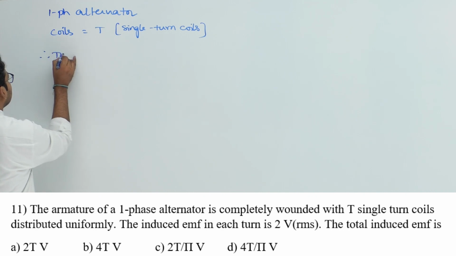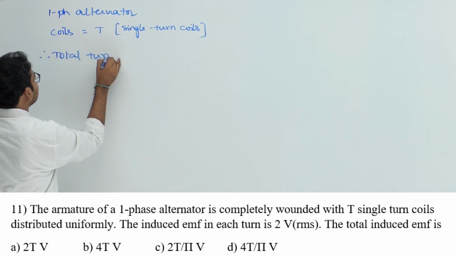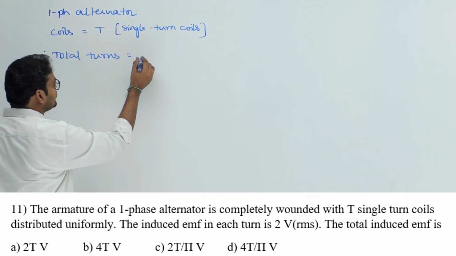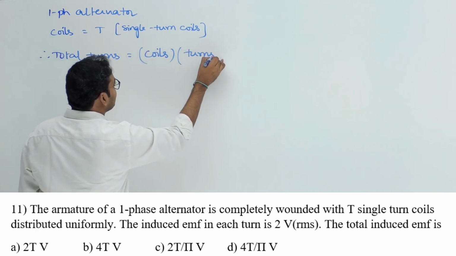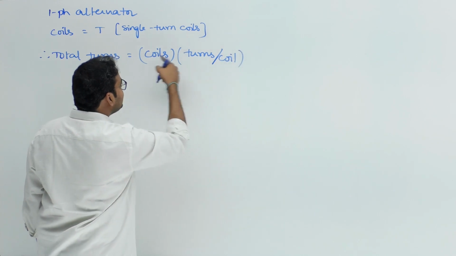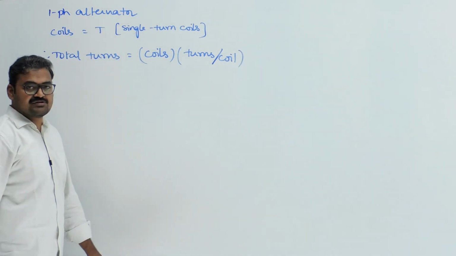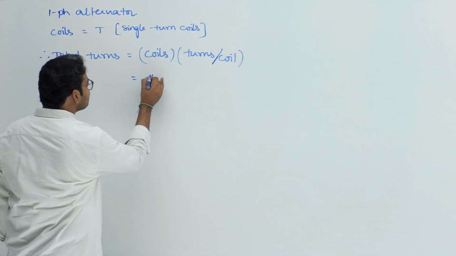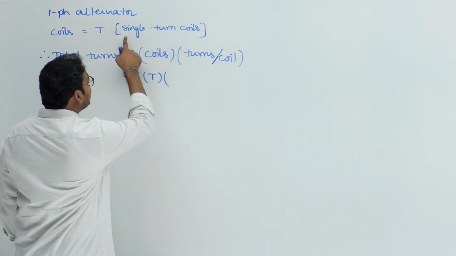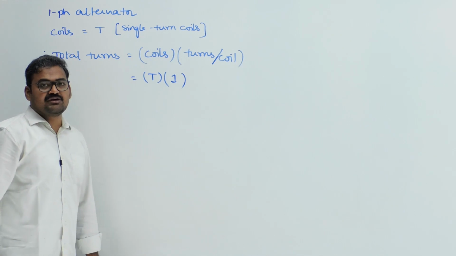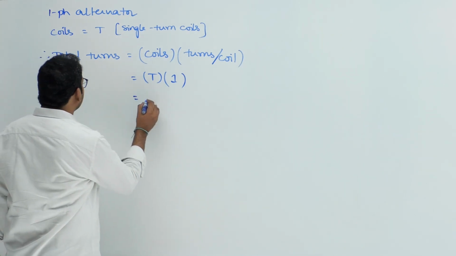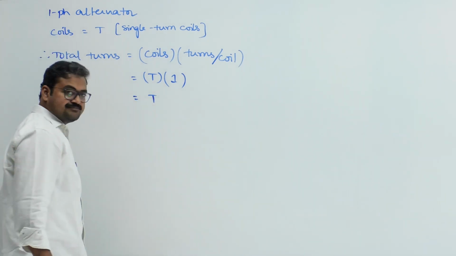Therefore, can you tell me how many turns will be available? Total turns are equal to total coils multiplied by turns per each coil. That's all. Coil will cancel, you will get the total number of turns. Total how many coils are there? T, and all coils are single turn coils. Therefore, turns per coil equal to 1. That means total turns are equal to T.